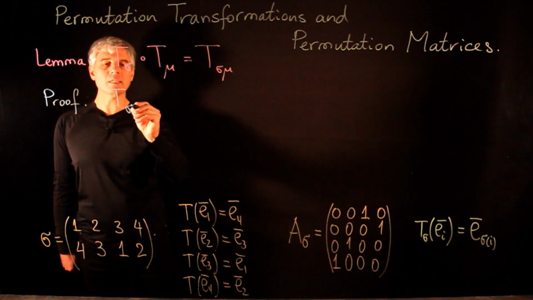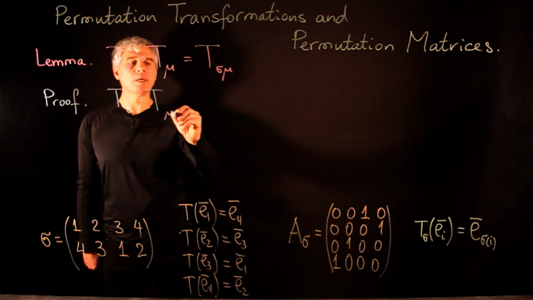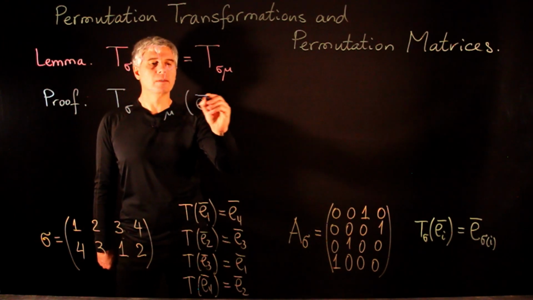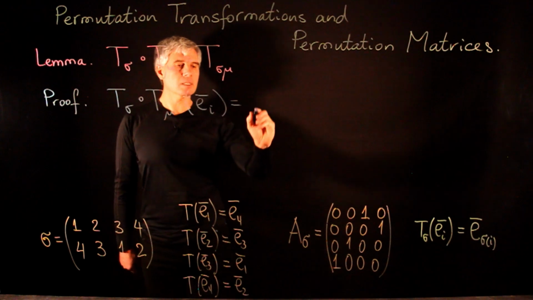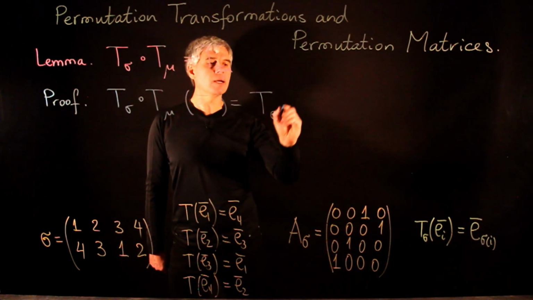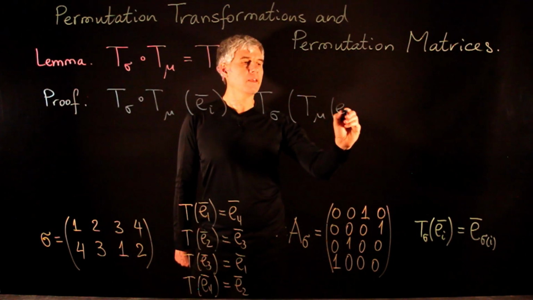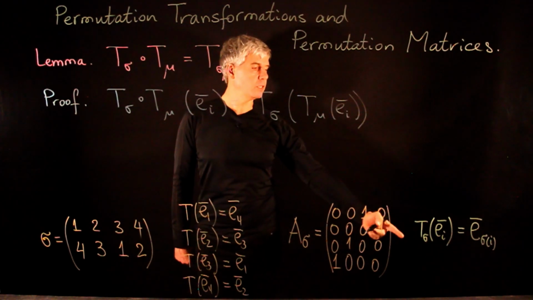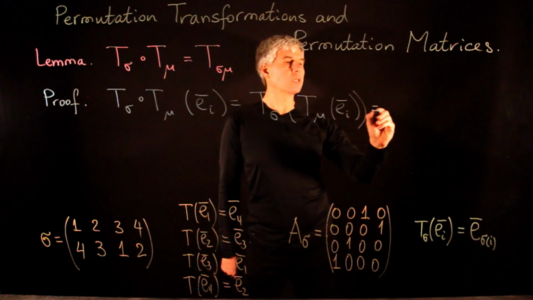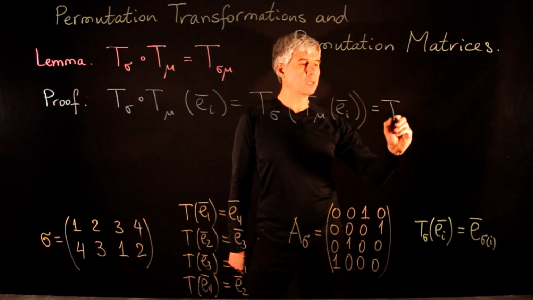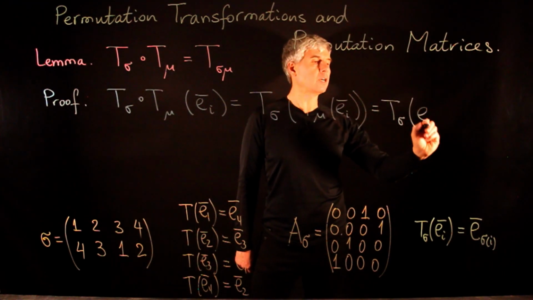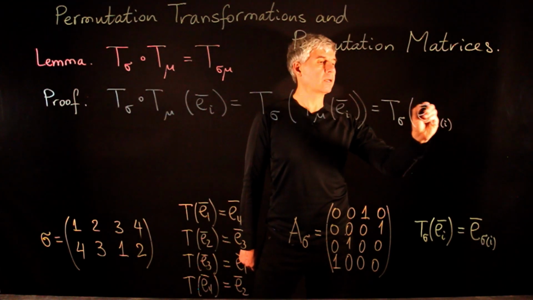So what is T sigma composition with T mu applied to e_i? This is the same as T sigma applied to T mu of e_i. And by the definition of a permutation transformation, this will be T sigma applied to e_mu(i).